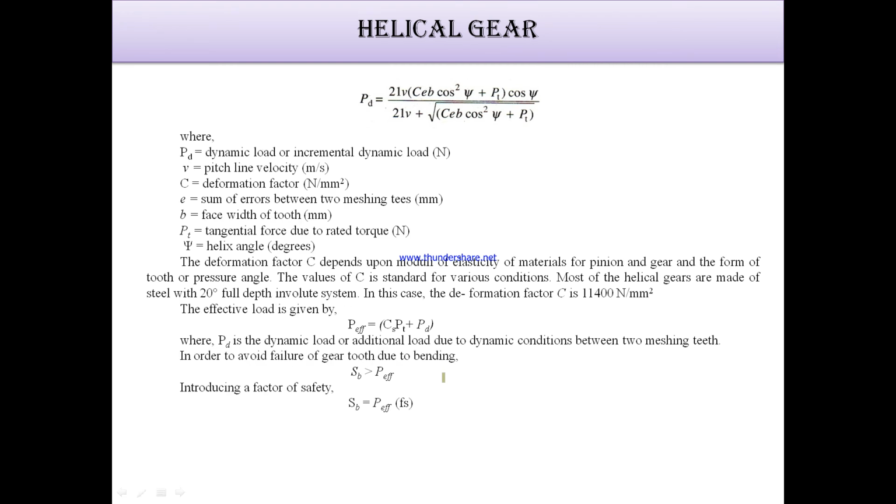After the dynamic load, you need to find the updated effective load with this equation: Cs Pt plus Pd. This effective load should be less than the beam strength. So beam strength is equal to P effective into factor of safety.